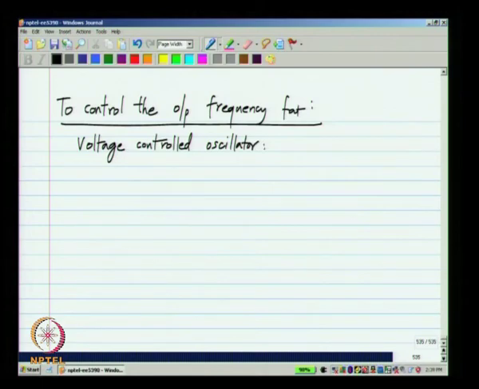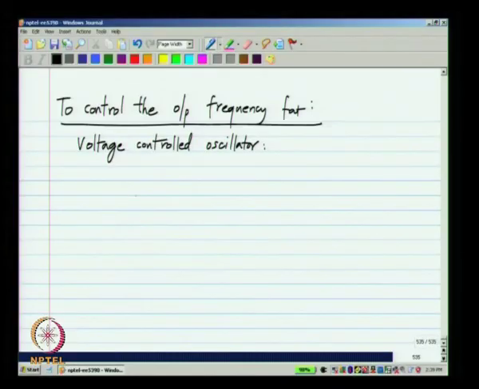Now, you know that oscillators are autonomous blocks which generate periodic signals. Okay. Now, what we are trying to do here is to control the frequency of periodic signals using negative feedback. Now, there are also certain kinds of oscillators whose output frequency will depend on some electrical variable such as voltage or current. So, you could call them voltage controlled oscillators and current controlled oscillators. I will call them voltage controlled oscillators or VCOs.